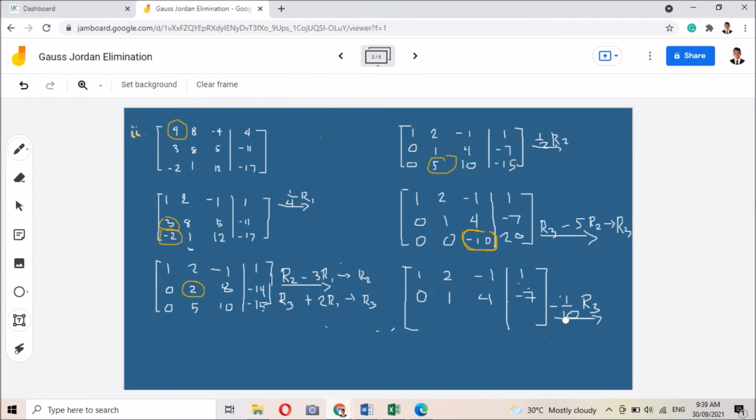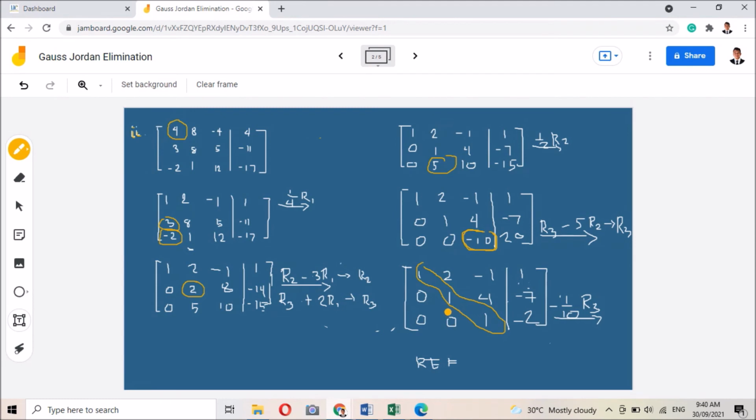So negative 1 over 10 times 0 is 0, times 0 is 0. Negative 1 over 10 times negative 10 equals 1. And negative 1 over 10 times 20 will give us negative 2. So this is now called the row echelon form, or REF.